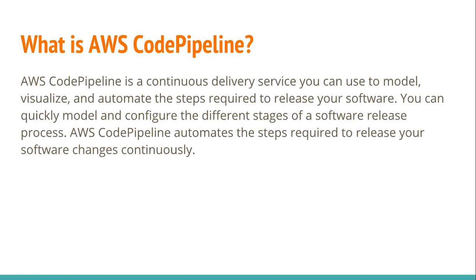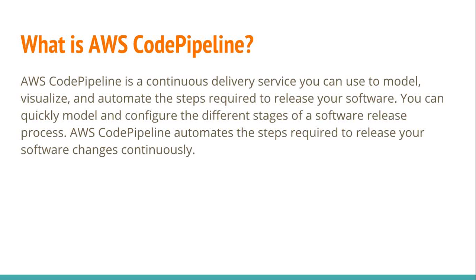So if you are working in any organization, we will develop some projects, right? We will develop some software. Daily, developers will check in their code into some version control system. Once they check in, we have to build that code and deploy it to different environments. Let's say on a weekly or monthly basis, we will have releases.